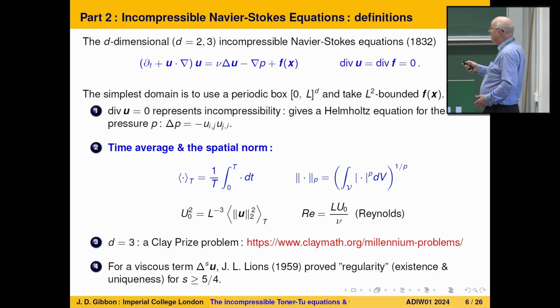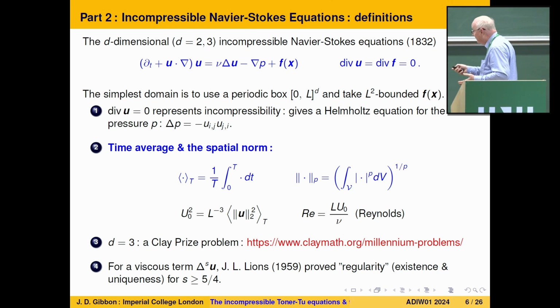Okay. So I'm now going to move on, it's that fast, just 2 or 3 slides, to the incompressible Navier-Stokes equations. Okay. In 3D, we're going to be on a periodic box, just take L2 bounded forcing. And of course, div u = 0 gives you the Helmholtz equation that you have to invert at every time step, etc. So here are my definitions.